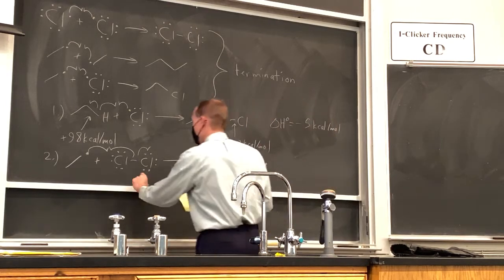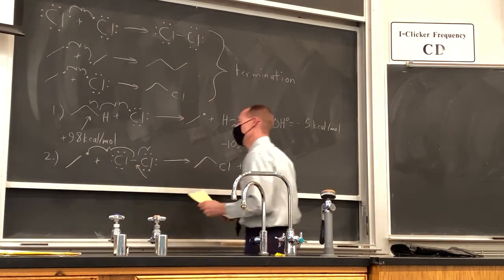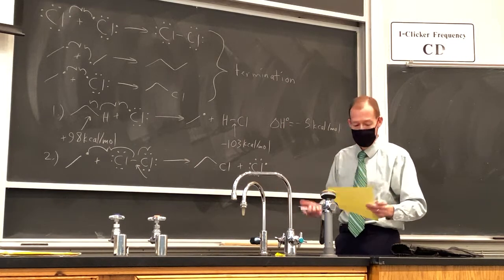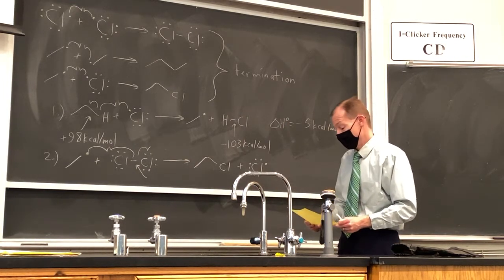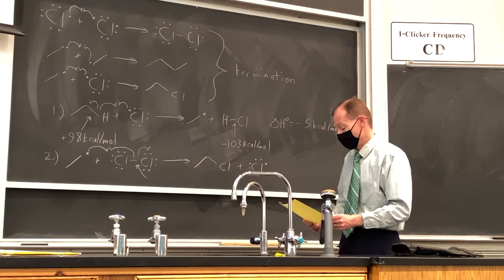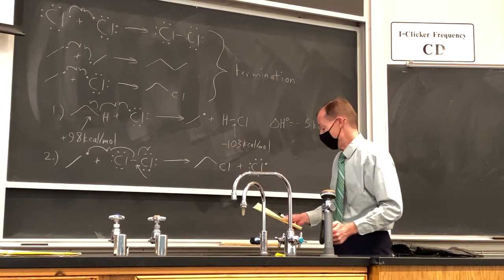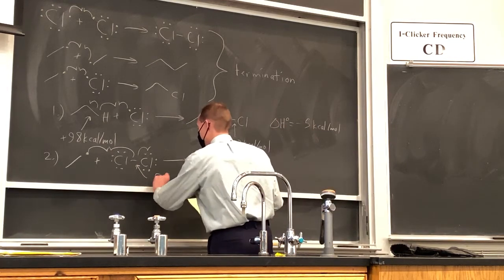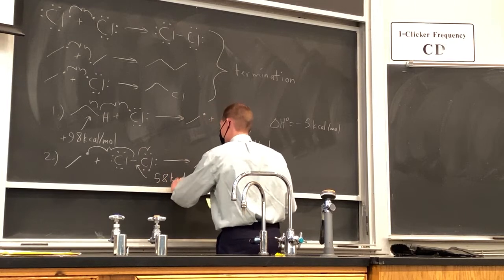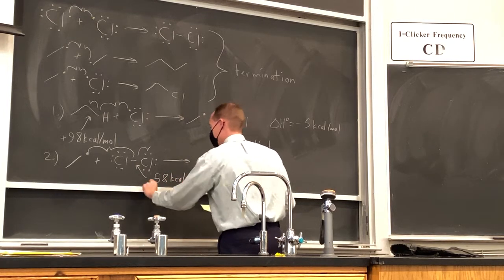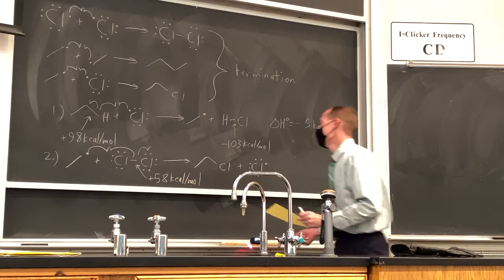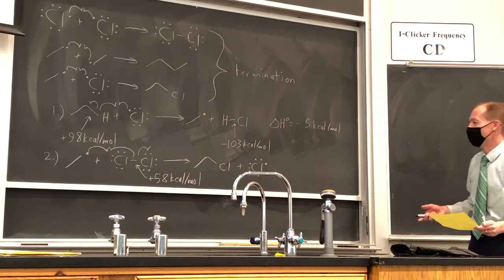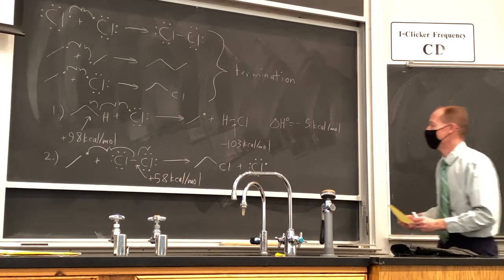And I mentioned to you earlier on that chlorine-chlorine bond is the weakest bond of all the bonds present in the reactants, as well as the products of this reaction. It's 58 kcals per mole. And we'll put a plus sign in front of that because that's the energy that is required to break that bond.